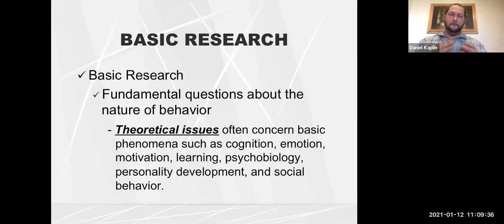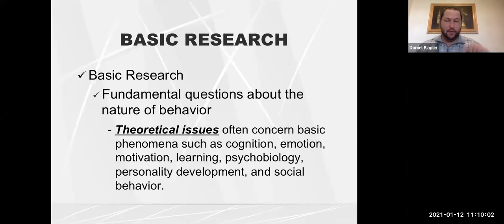When we talk about basic research, we're focused on fundamental questions about nature. So basic research might be, if you were in biology, what are the elements of the eye? What are the components of the eye? Right now, that could be useful, right?